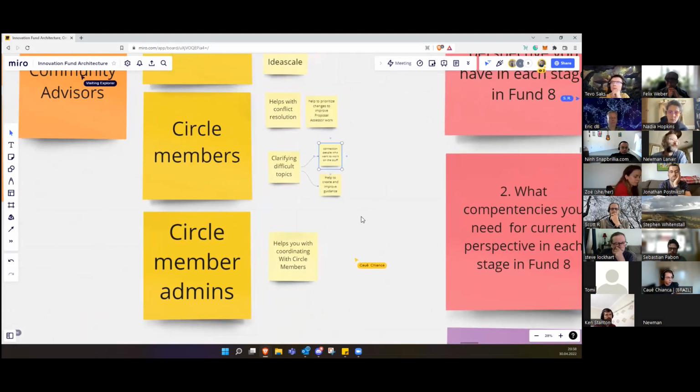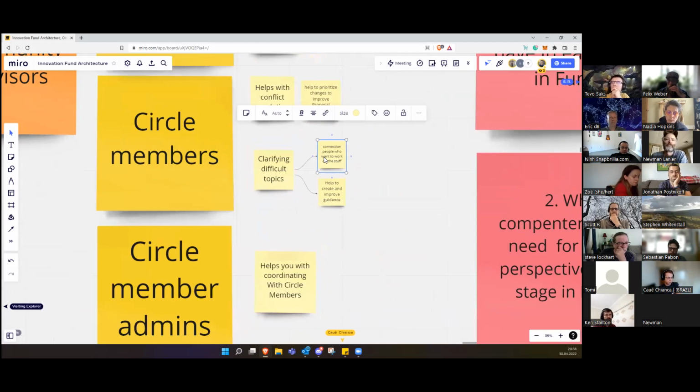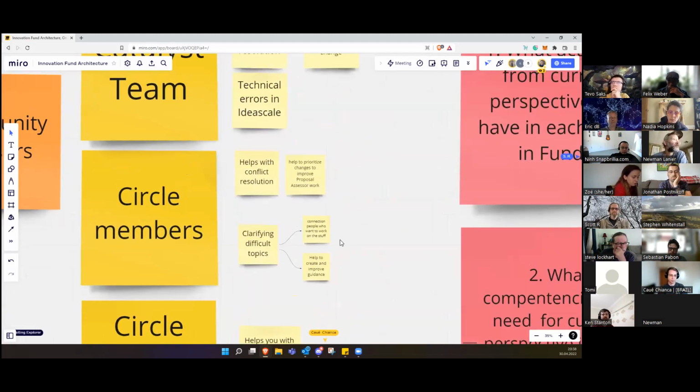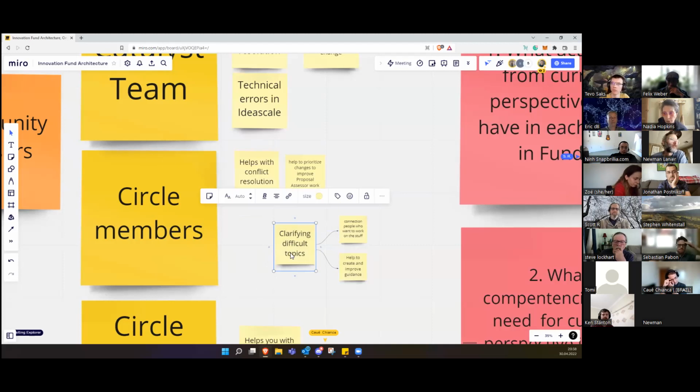Sorry, I think there should be rules for problems that are sensed onto Circle. I don't think they should just be arbitrary. You're saying there should be a framework by which the problems are defined when they end up in Circle. Yeah, there is a framework which we're working on.